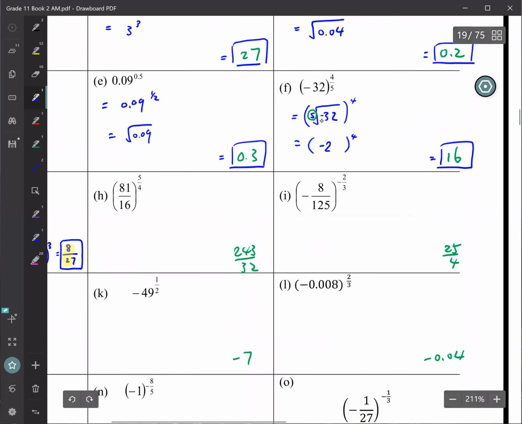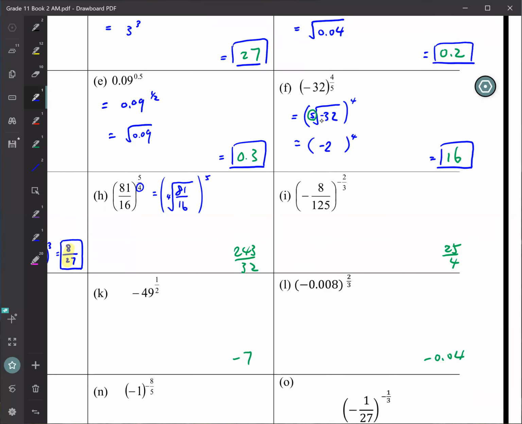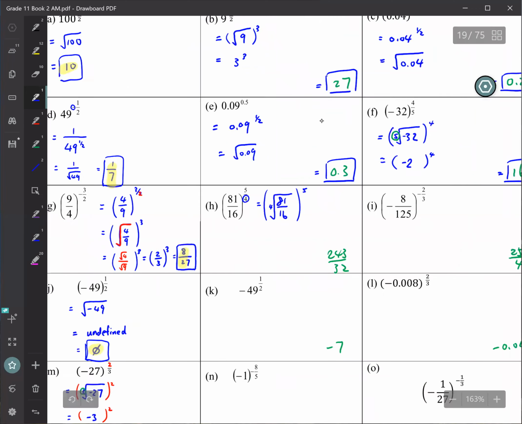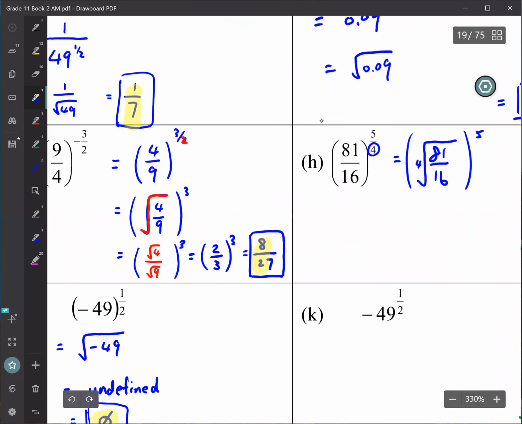Okay, next one, you have a fraction there. So what you can do is denominator, right? Denominator is 4, so it's a fourth root. Outside is to the 5. So just like the previous question, right? Question G. Square root of 4 over 9, you can square root each one.